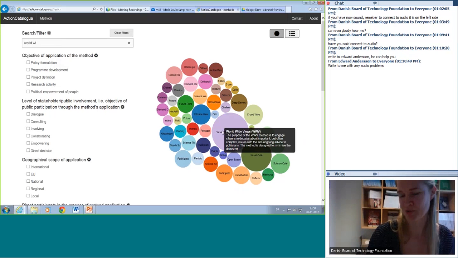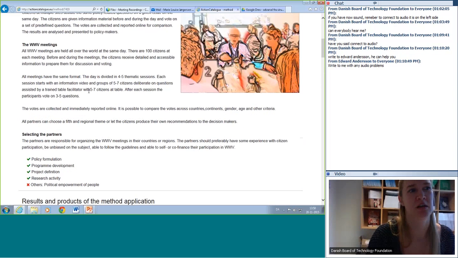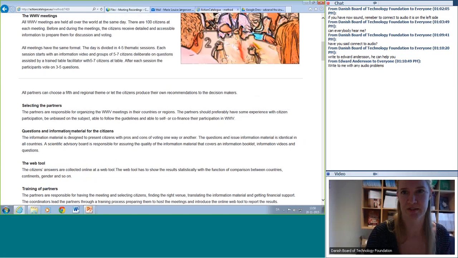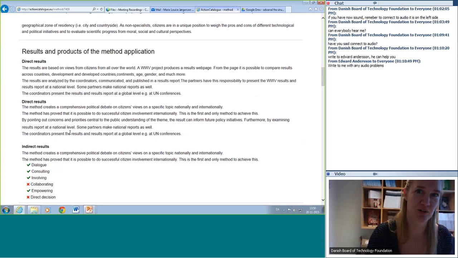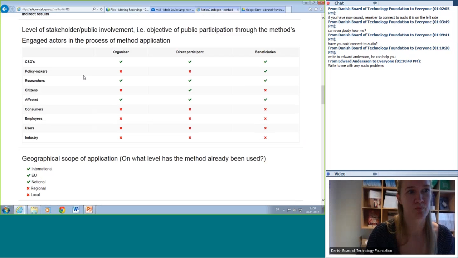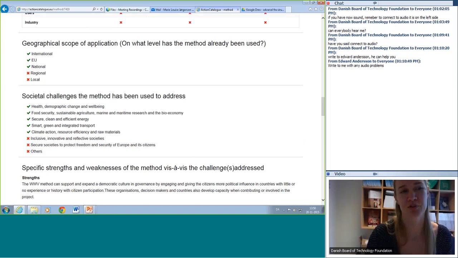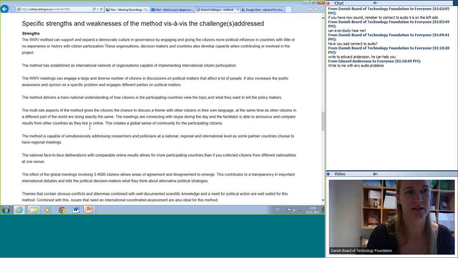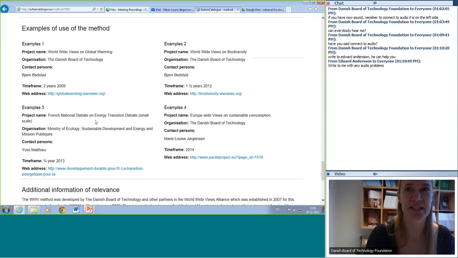And then it pops up here. There's a short description, and then you can click in, and there will be much more detailed information about how the method is carried out, what kind of things you need to take into consideration, which levels of engagement it is used for, what the direct results are, what the indirect results are, who the actors engaged in the process are, what kind of geographical zone, what kind of challenges it has already been used for, and lots of different information that can help you get a better idea of what the method is about.